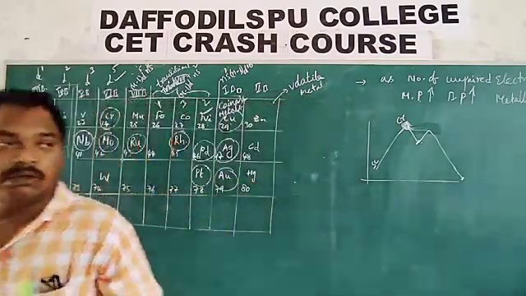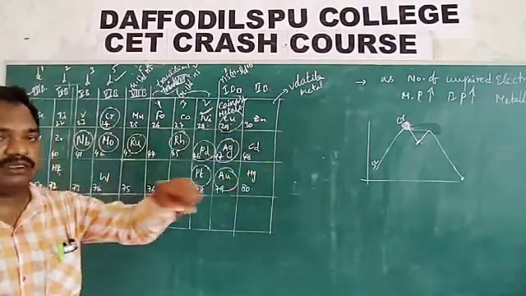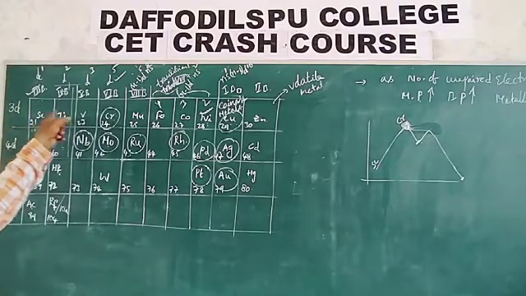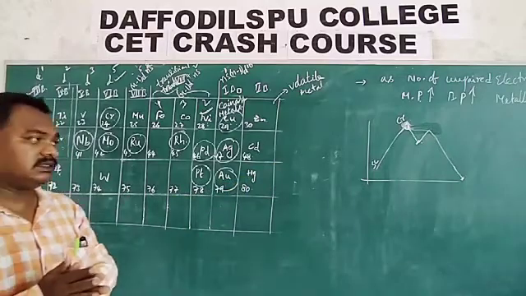Now look at what happens to the atomic size while you are moving from left to right in periods. While moving from left to right in periods, atomic size decreases.